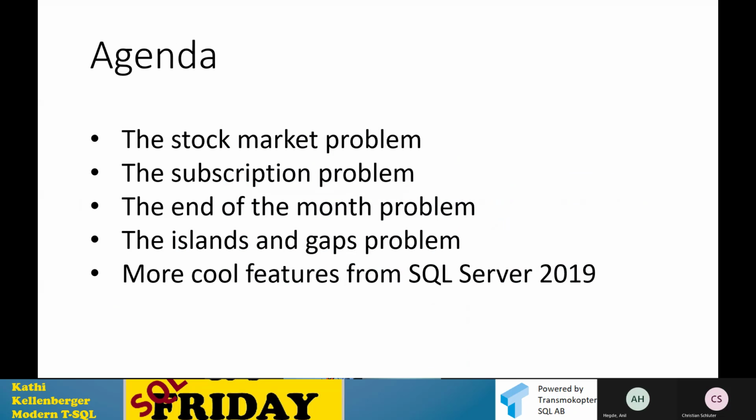So today I've got several problems that I want to go over. And some of these are things that I worked on back in around 2008, 2009, and I actually worked on them for Redgate, even though I didn't work for Redgate at the time. At the time, it was for Simple Talk articles.